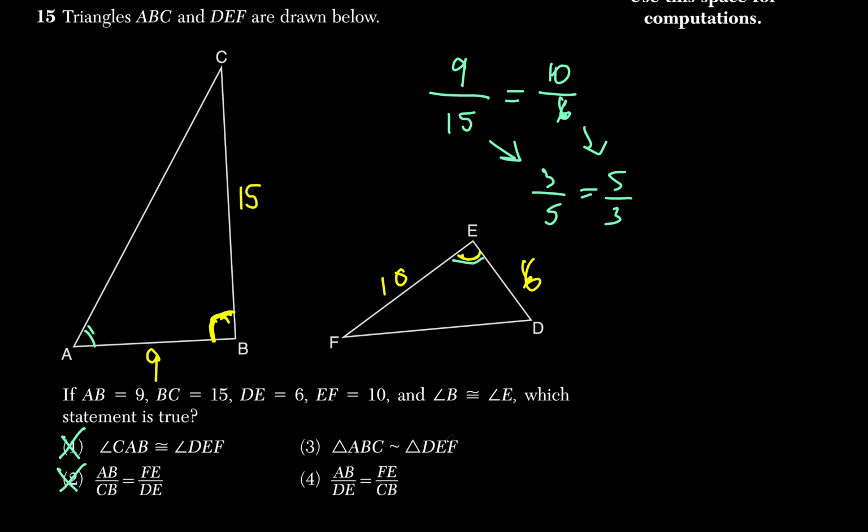Now, are these two triangles similar to each other? Well, let's see. Can I write a proportion? If I write the proportion AB over BC, and I say that that's equal to ED over EF, so that would be 9 over 15 is equal to 3 over 5, is equal to 6 over 10, which makes these two true.